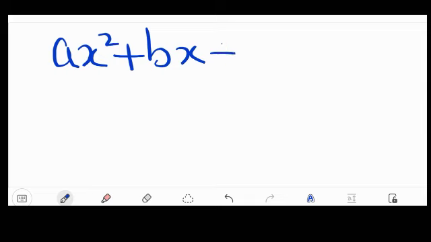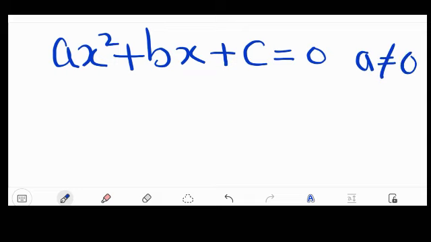The general form of quadratic equation is ax square plus bx plus c is equal to 0, where a should not be equal to 0. Now, as far as the degree of quadratic equation is concerned, the degree must always be 2.